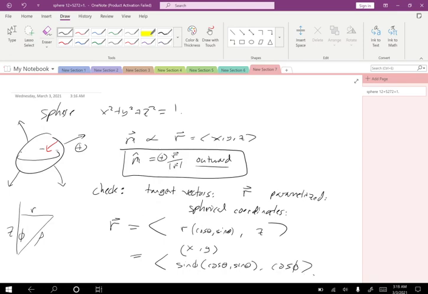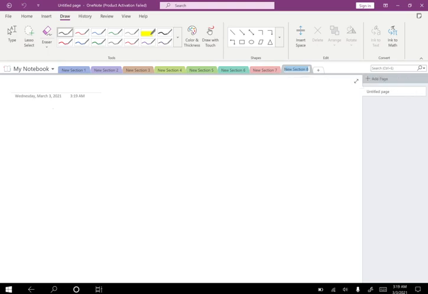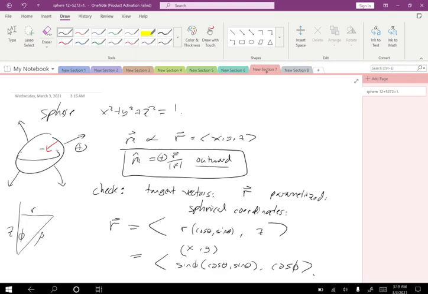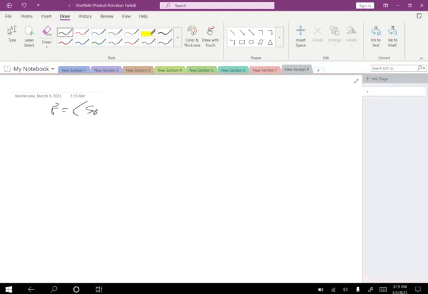Okay, so let's just take the derivatives. And I'm going to do us all a favor and abbreviate some of these things: cosine and sine.